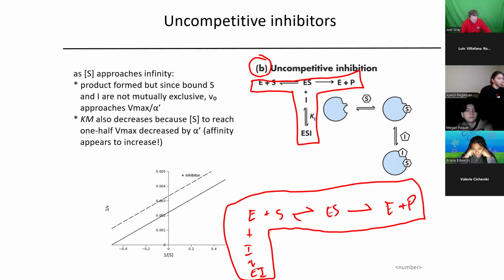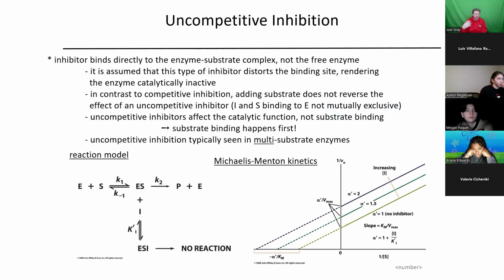When it comes to an uncompetitive inhibitor, what you're going to notice on a Lineweaver-Burk plot, with no inhibitor and plus inhibitor, is that the lines are parallel to one another.